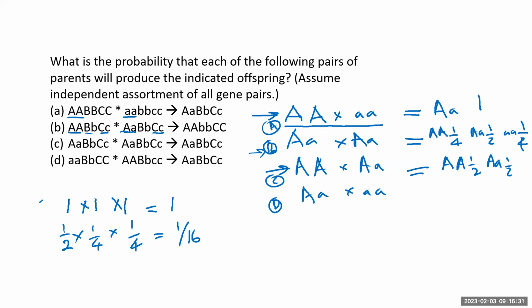So A, B, C. Heterozygous, heterozygous, getting heterozygous, half. Heterozygous, heterozygous, again getting heterozygous, half. Heterozygous, heterozygous, getting half.